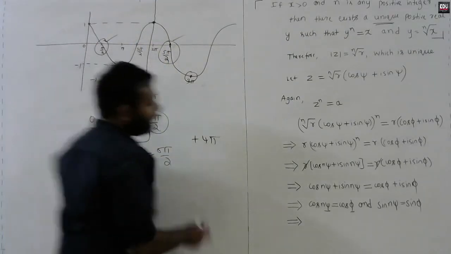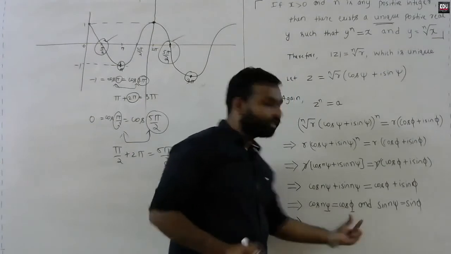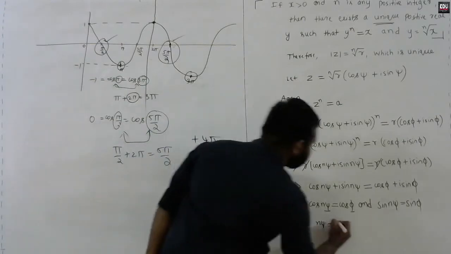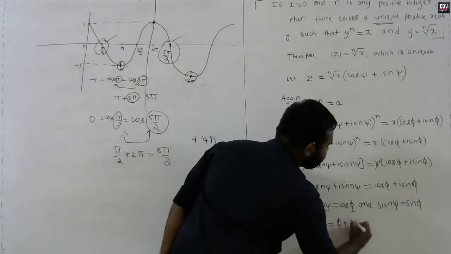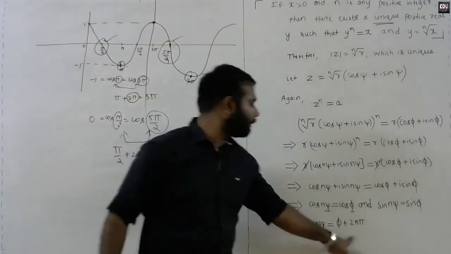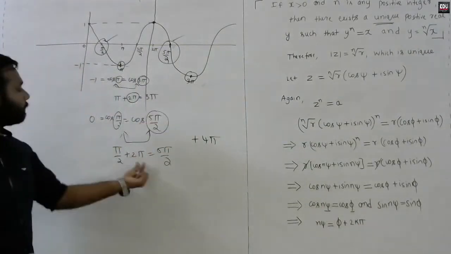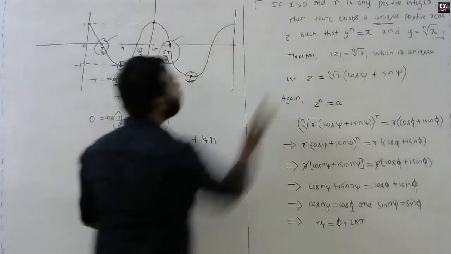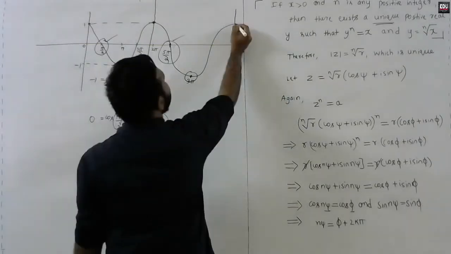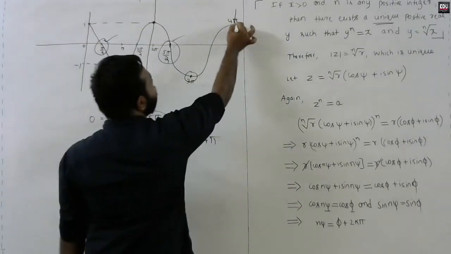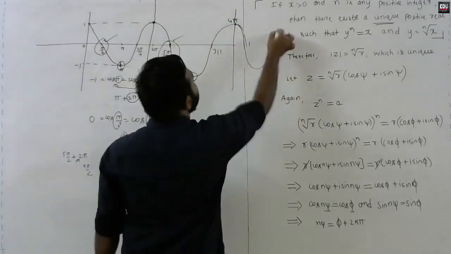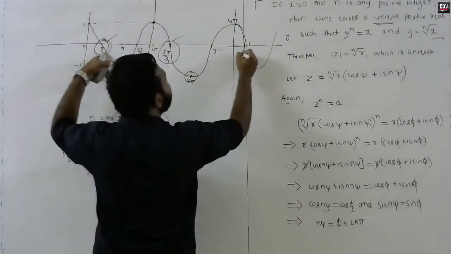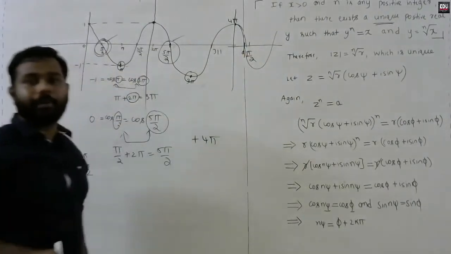So if two cos values are the same, that implies that one is equal to the other plus some integral multiple of 2 pi. Here that multiple was 2 pi, the end of the second cycle. If you continue to the third cycle, this will be 4 pi, and the symmetric point for pi by 2 will be 9 pi by 2.